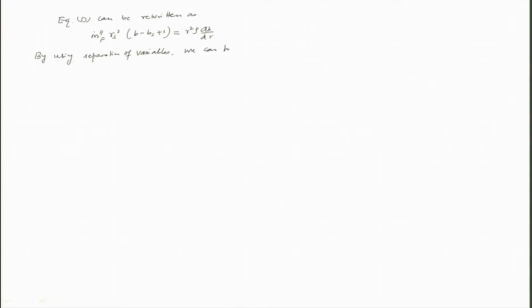We can have Rs square by, there should be alpha, right, rho alpha dr by R square is equal to dB by B minus Bs plus 1, right.